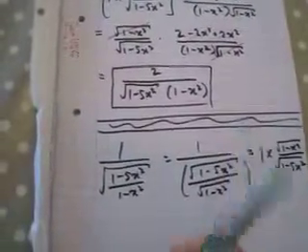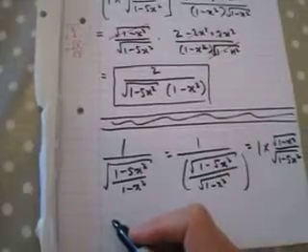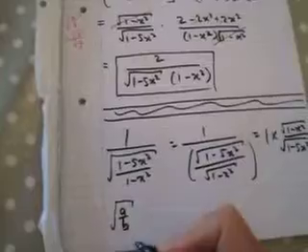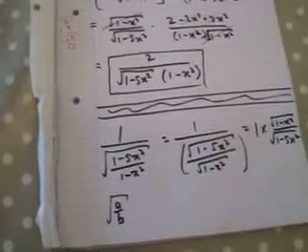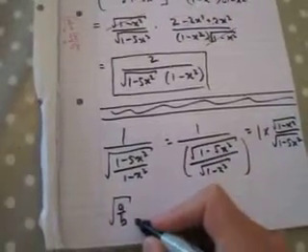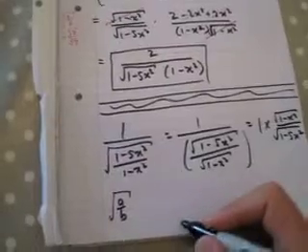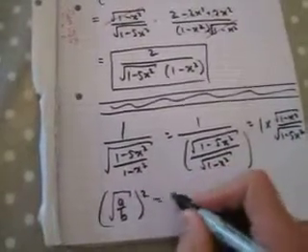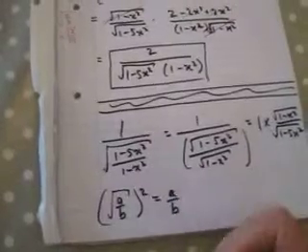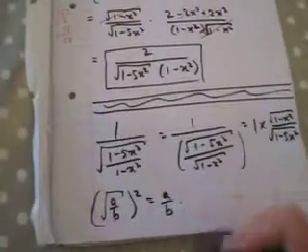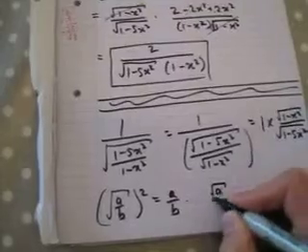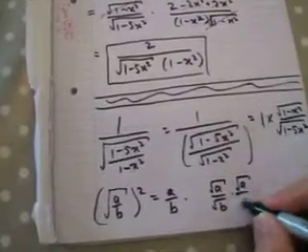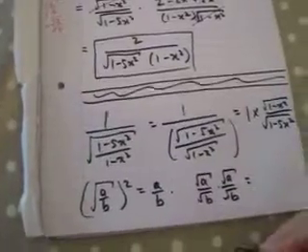As to why you're allowed to take the square roots of the top and bottom, like the square root of a over b: the square root of a over b is the number that when I multiply it by itself will give me a over b. Right? So the definition of the square root of a over b is the number that when I square it, I get that. Now, if you take the square root of a over the square root of b and you square it, you multiply it by itself, and you think how are fractions multiplied?